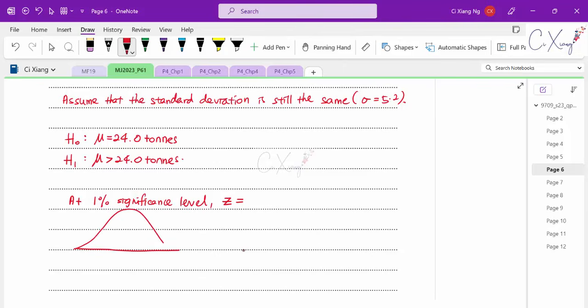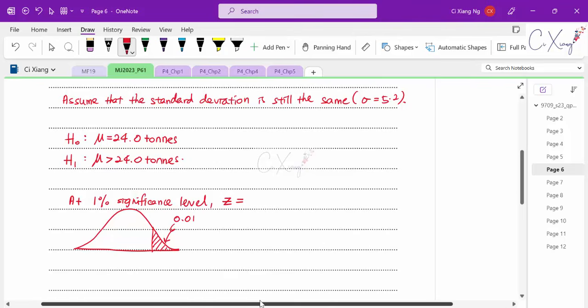If I draw a normal distribution graph, because we have a one-tail test on the right, my rejection region will be on the right-hand side. So I draw a rejection region on the right-hand side first, and this particular area is 0.01. To calculate the critical value here, we need to find the value from our normal distribution table.